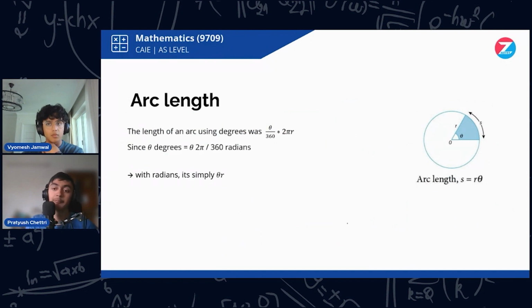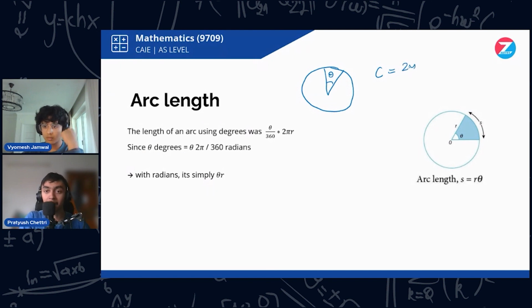And now this is one of the two formulas you need to know. Arc length formula. As you've done in previous chapters without radians, if you have a circle and you want an arc with angle theta, then you know that the whole circumference is 2 pi r, the radius.